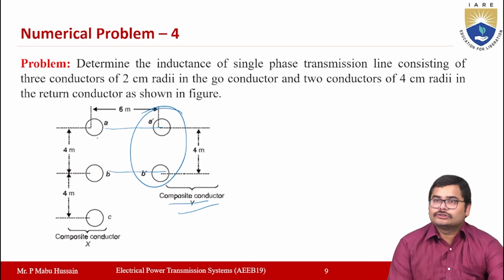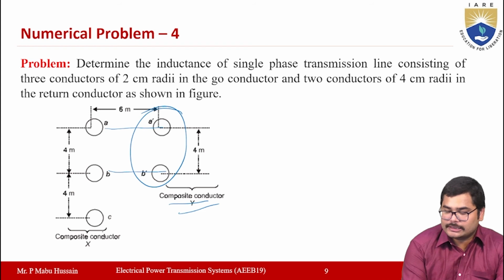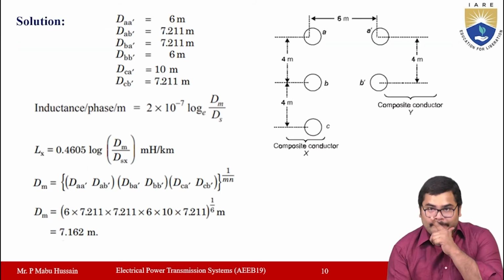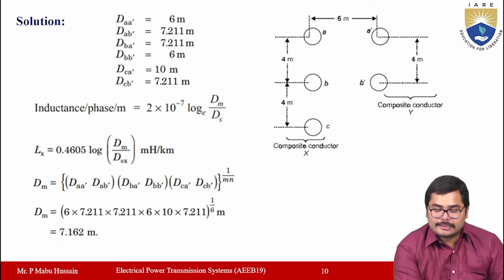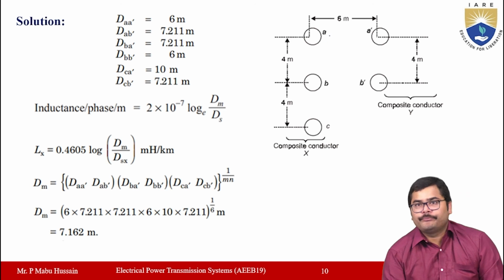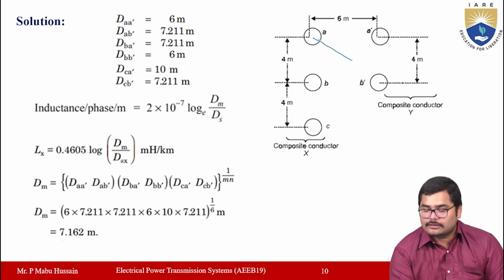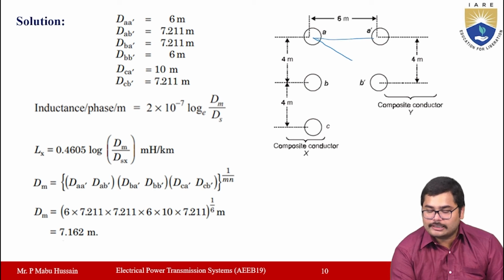Right, here you find the distances. DAA dash, if you observe, is 6 meters from the figure itself. DAB dash is this distance, which is not given, but this distance is given, which is 4 meters, and this is 6 meters.